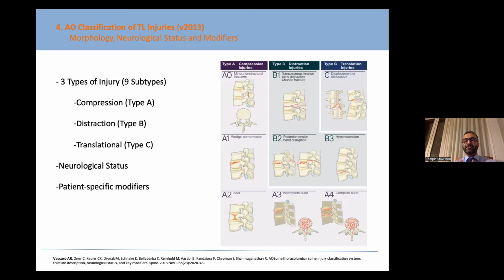Again, it tries to be as simple as possible, as descriptive as possible, but as we will see, it takes some other things also into account. We have 3 basic types: the compression, the destruction, and the translational type. But the AO classification of 2013 also takes into account the neurological status of the patient and some patient-specific modifiers.